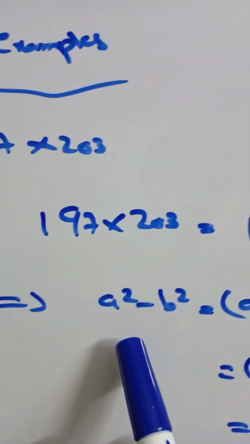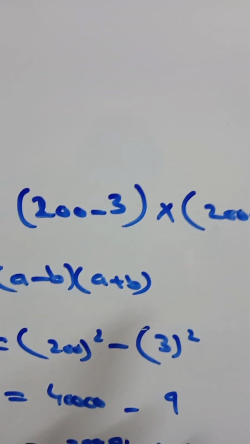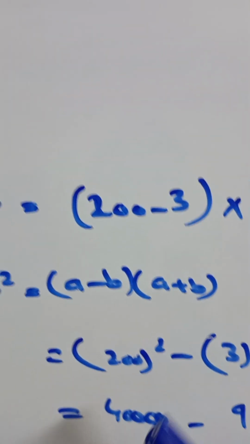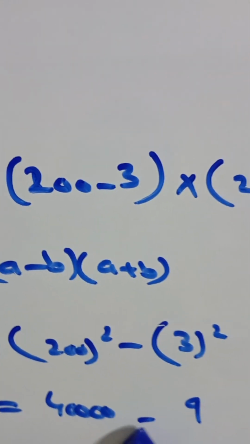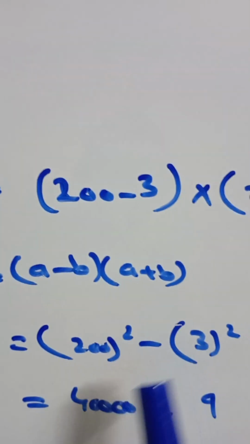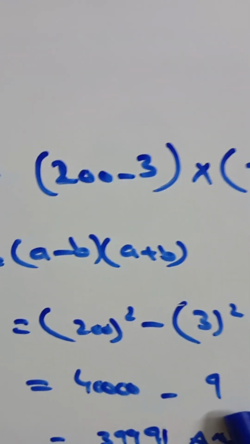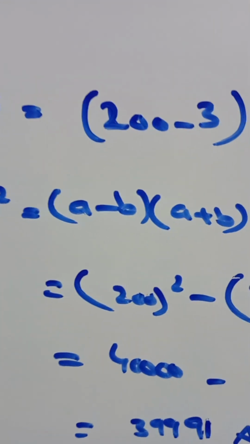So it becomes a square minus b square, meaning 200 square minus 3 square. 200 square means 200 multiplied by 200, and the answer is 40,000, minus 9. 3 square means 3 into 3, 9. Subtracting 9 from 40,000, you get the answer 39991. Solve it on your own.